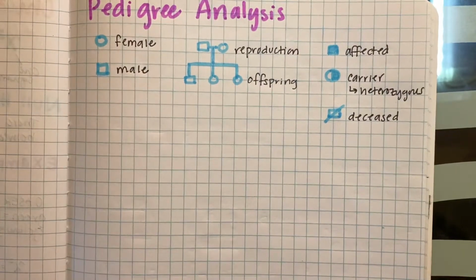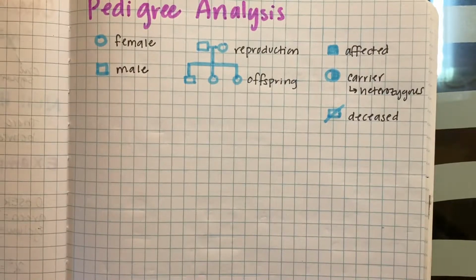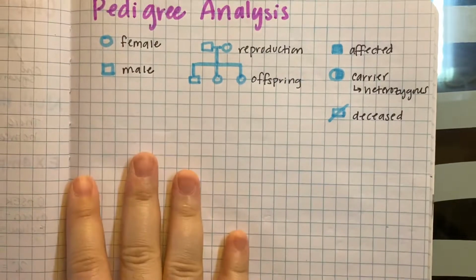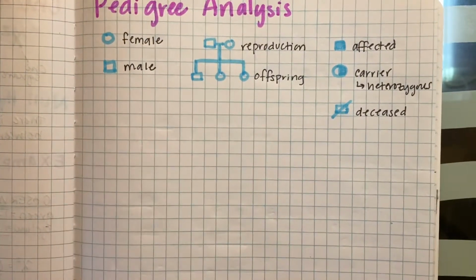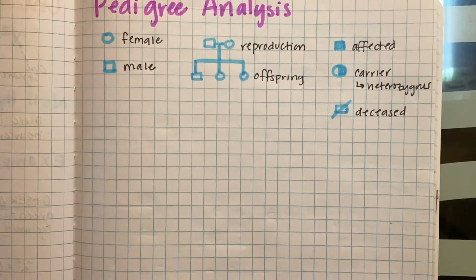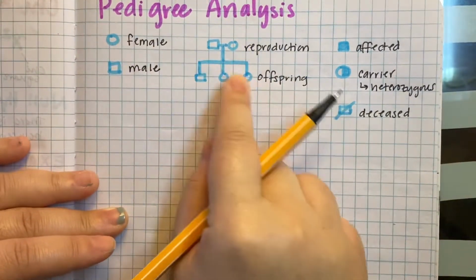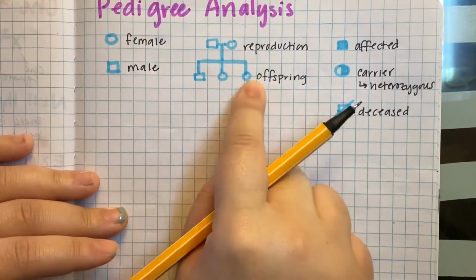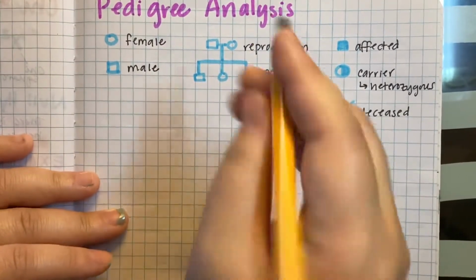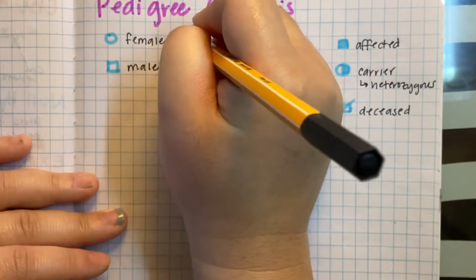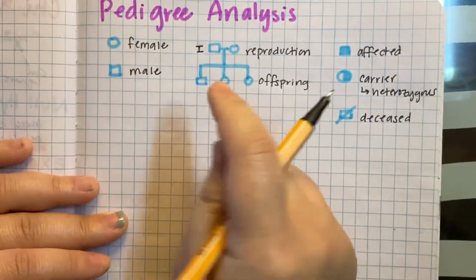For every pedigree, you're essentially trying to figure out the mode of inheritance for the trait in question. If you look at your worksheet, they're going to ask you specific questions about specific individuals. The way we organize and talk about individuals, instead of me having to say second row, third circle, is that we identify our generations first.